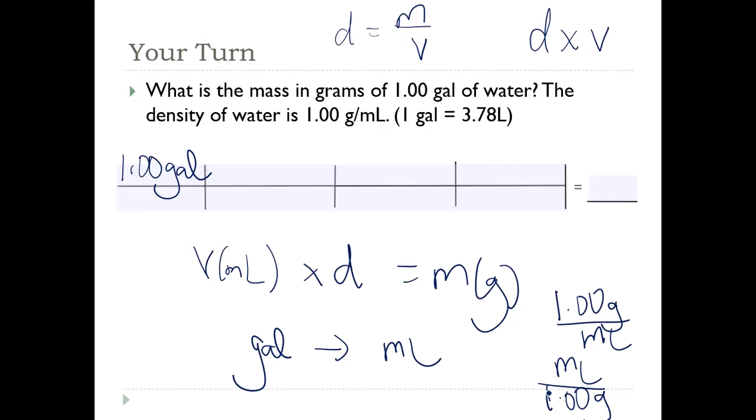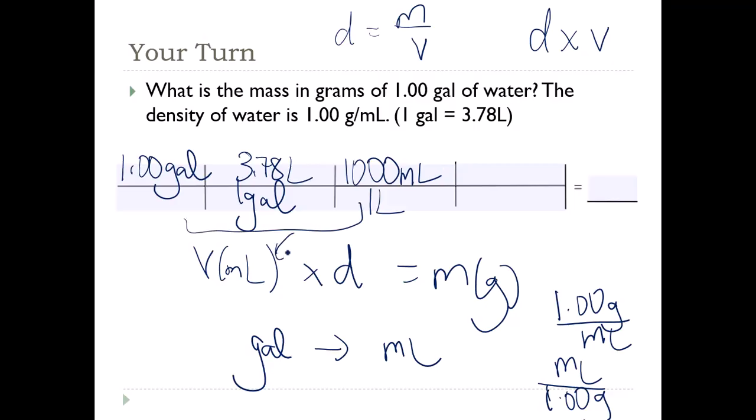Okay, so I have to go from gallons to milliliters. First go through liters. 1 gallon is equal to 3.78 liters, and 1 liter is equal to 1000 mL. Now I have my volume in milliliters.